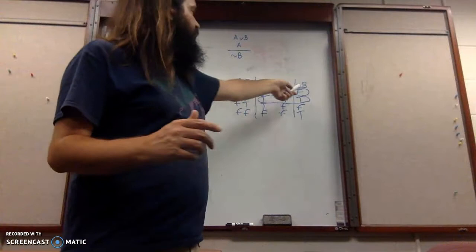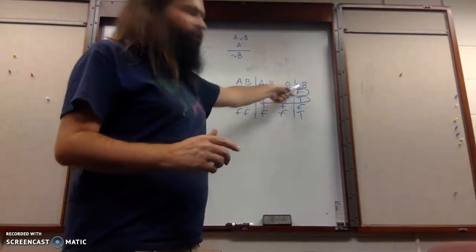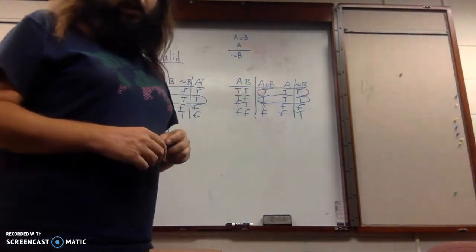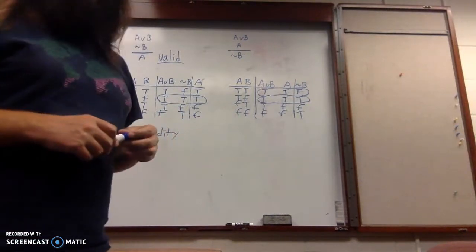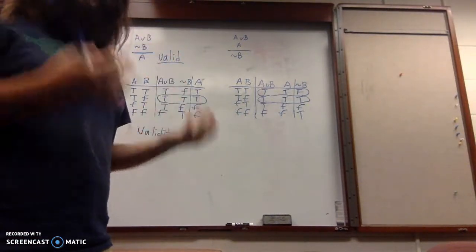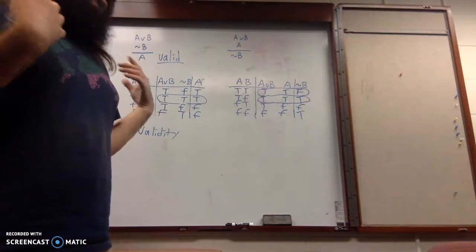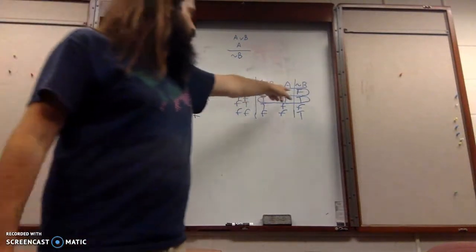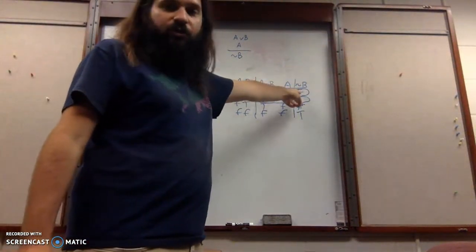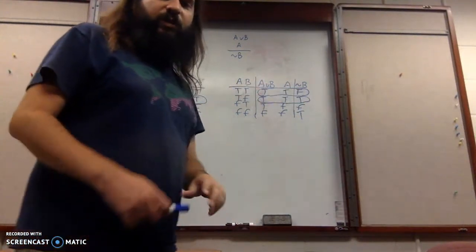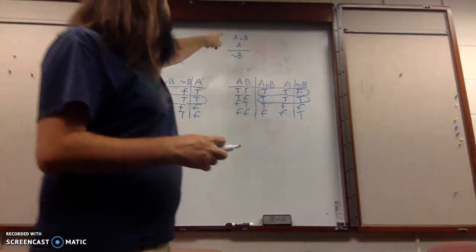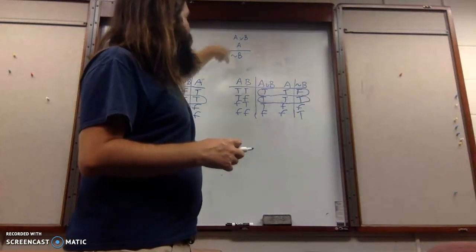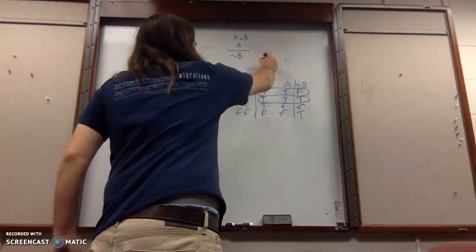Because if you look at the first row, here the premises are true, but the conclusion is false. And when the premises are true, but the conclusion is false, we know the argument must be invalid. Because in that case, it's not true that we know that the conclusion is true just because the premises are true. So we say this argument, A or B, A therefore not B, is invalid.